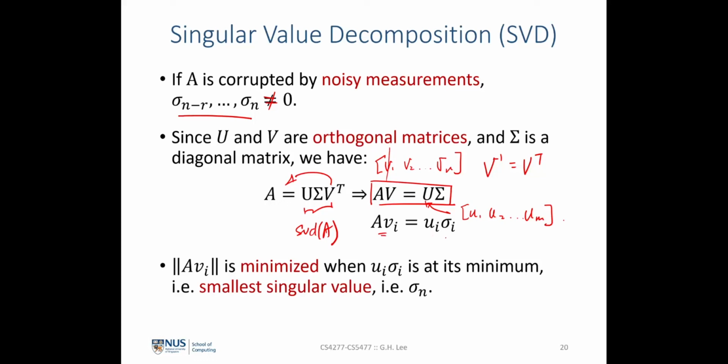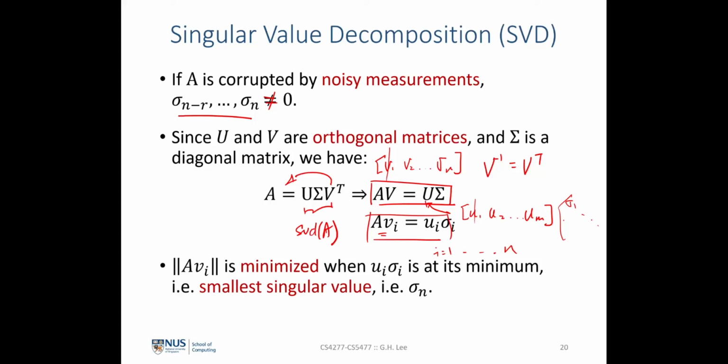This means I take one of the columns of V and multiply it by A, as well as take one of the columns of U and multiply it by the scalar value sigma i. This equation holds true for i equals 1 all the way to n.